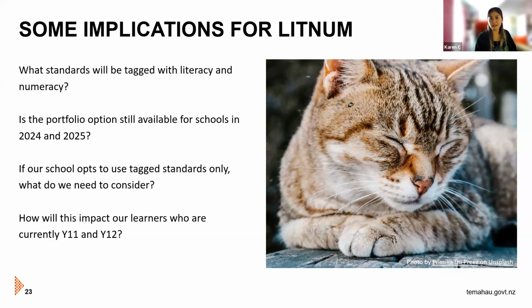Assuming that that is the case, just be aware that there is an exclusion between the current 1.10 and 1.11 and the new NCEA 1.1. Now, for learners currently in year 11 and year 12 who have not yet met the numeracy requirement for NCEA, from 2024, they will need to meet this by the CAA with a new set of tag standards.